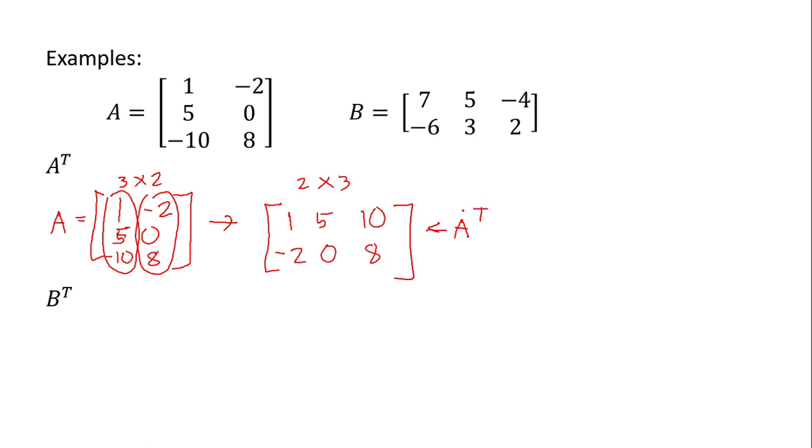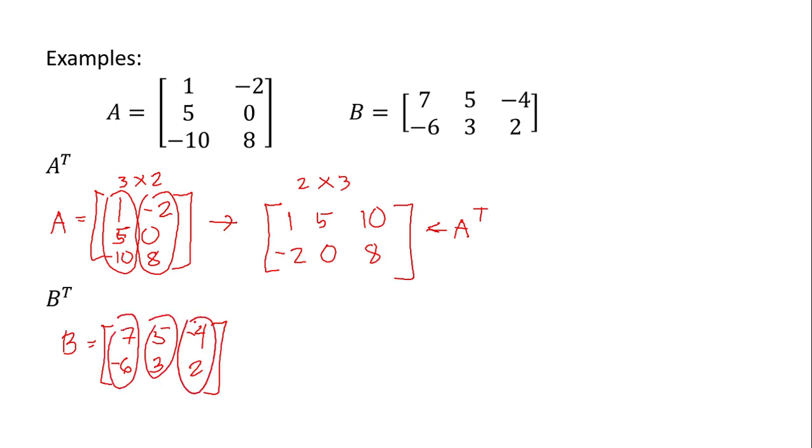Okay? Next, B transpose naman. So, for B transpose, so we have B is equal to, ayan, so sulat ko lang. So, we have 7, 5, negative 4, negative 6, 3, and 2. Okay? So, ito naman, lahat naman ng column is magiging row naman siya. So, ito ay anong matrix to? This is a 2 by 3 matrix.